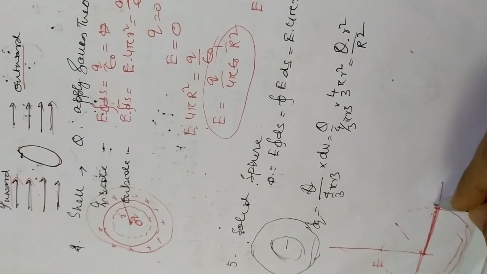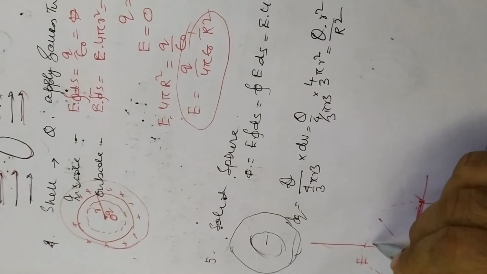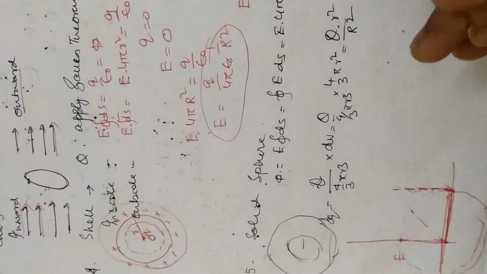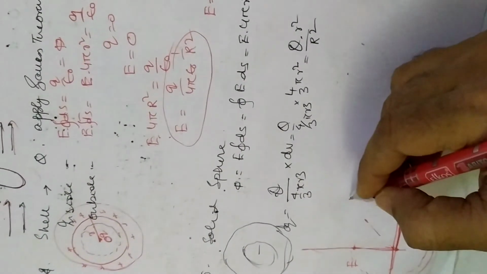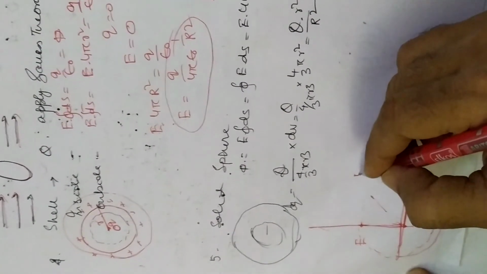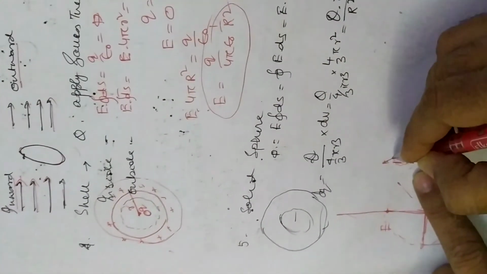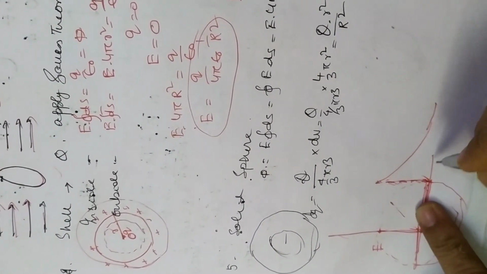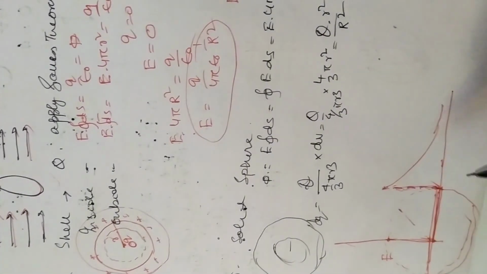So E will be increasing from here. It will be maximum at the surface, and then it will decrease like this. As we go away, it will keep decreasing. In this way we will show the electric field.